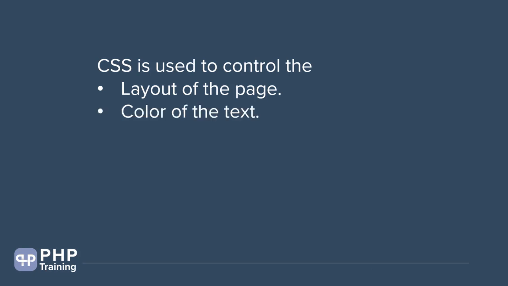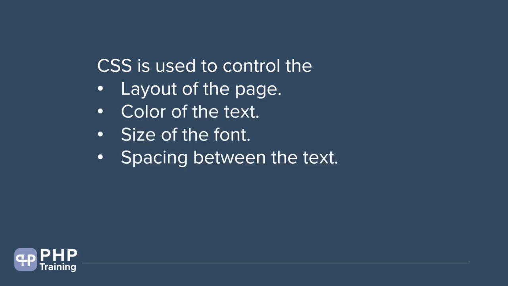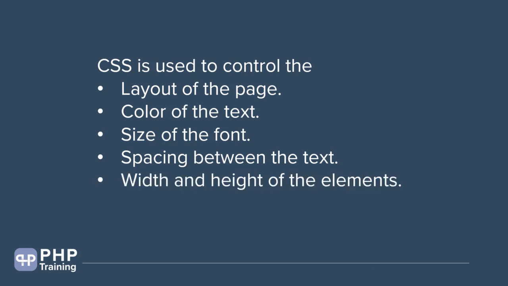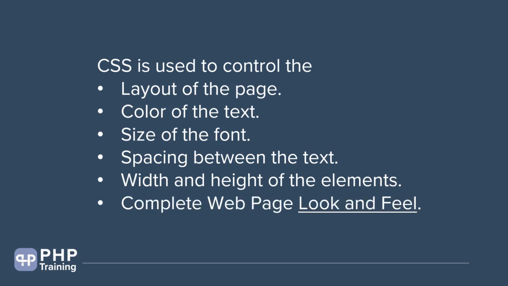Then you can change the color of the text. You can change the size of the font. You can add spacing between the text. So you can decide when two elements come together how much space you want. You can decide all those things via CSS. You can decide the height and width of the elements. Basically, you're doing the complete web page look and feel via CSS.